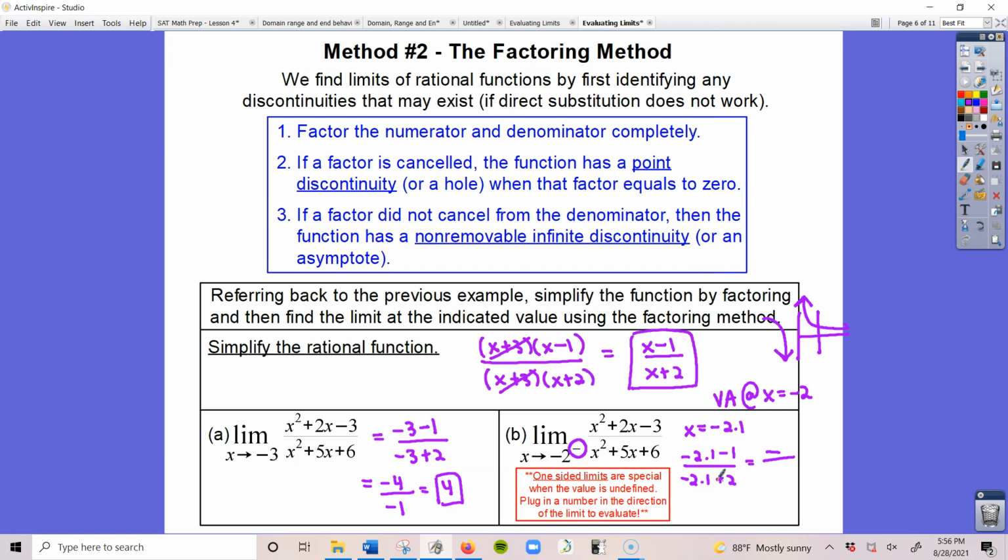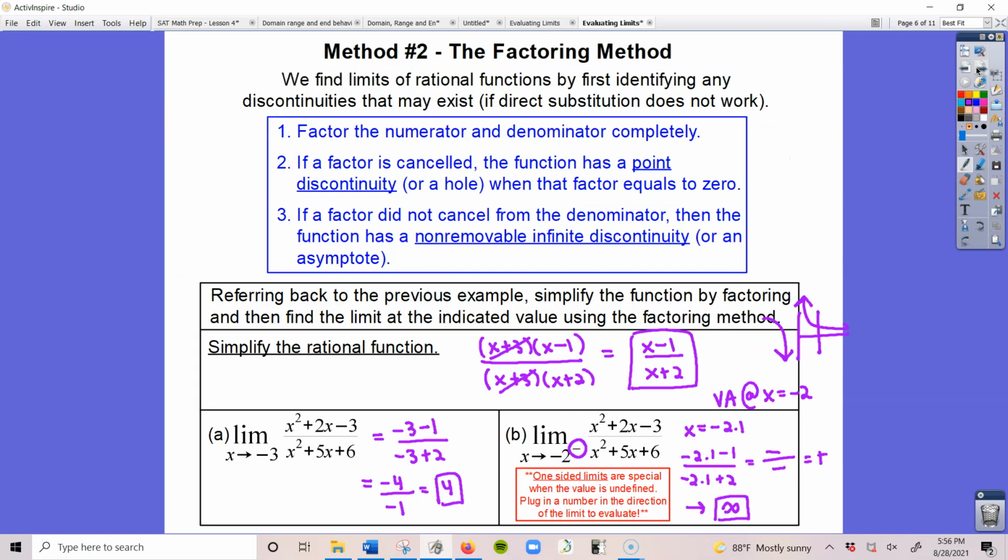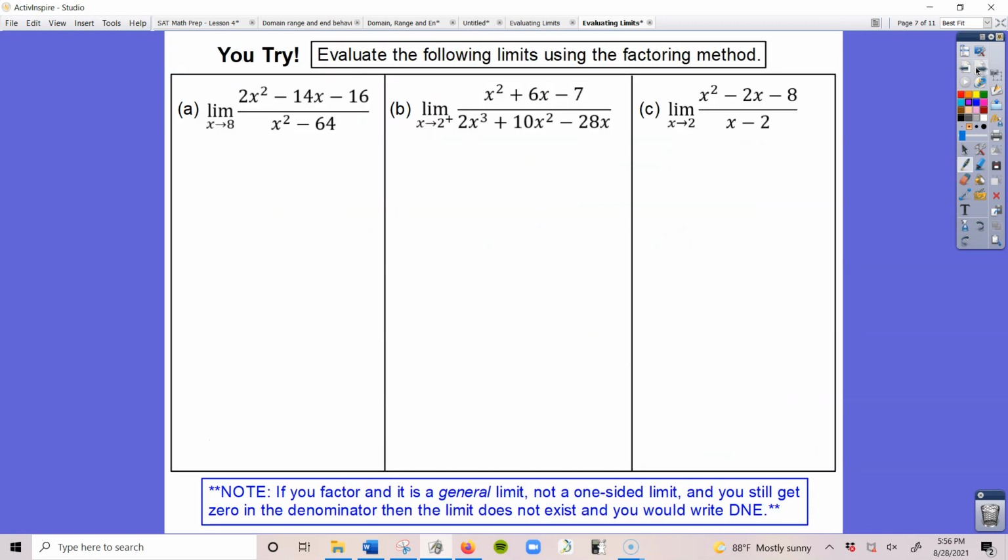And -2.1 plus 2 is another negative number, which leaves me with negative divided by a negative, which would be positive. So my answer would be positive infinity. And if you want to verify that, let's look at the graph. We're doing -2 from the left, and you see it's going up on the left side. Let's try a couple more using this method.